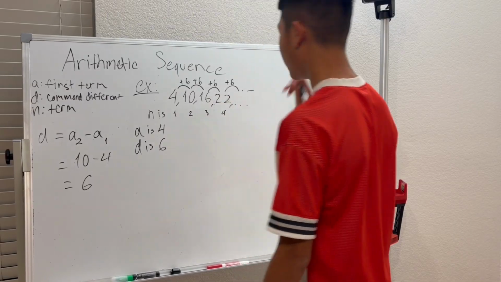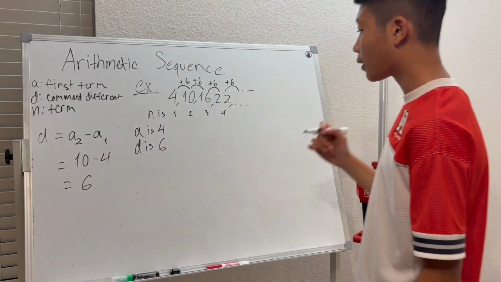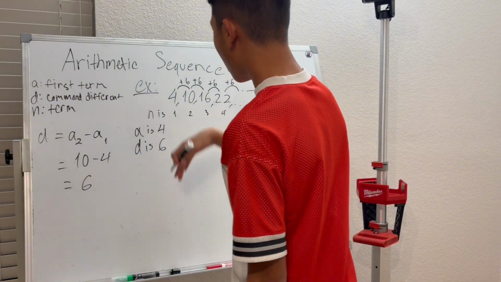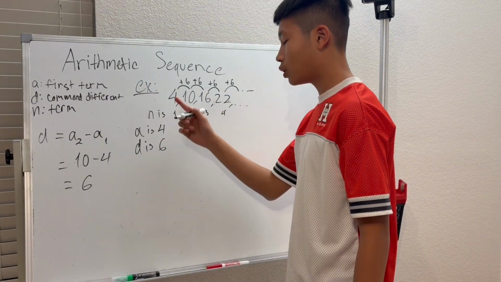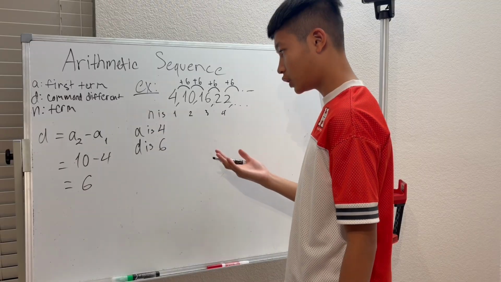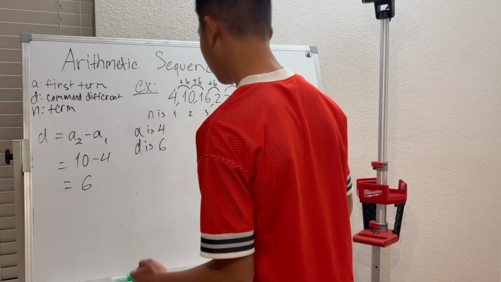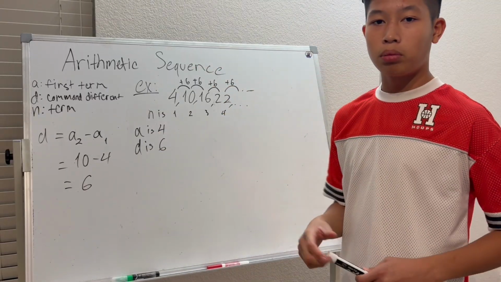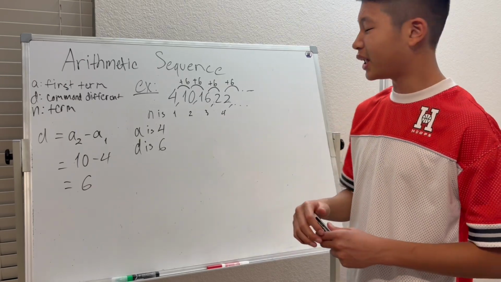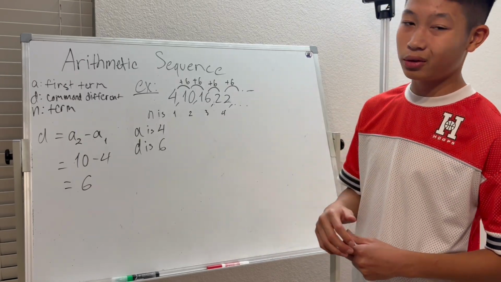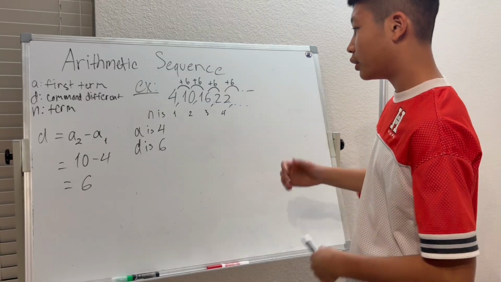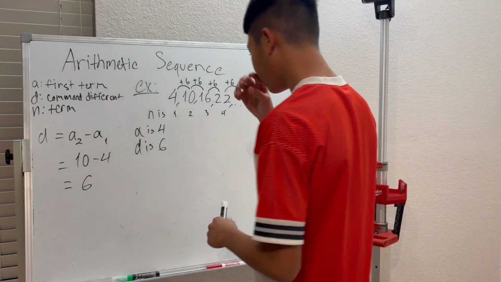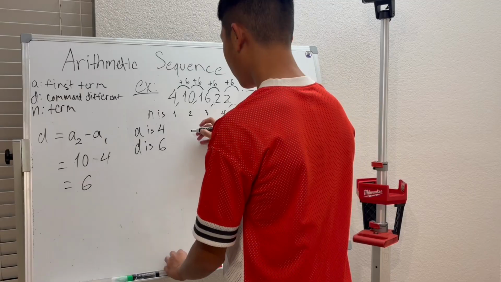Keep going, right? Okay, now we have everything we need. We already have the first term and the common difference. So we need to make an explicit formula, and this is what the formula looks like.